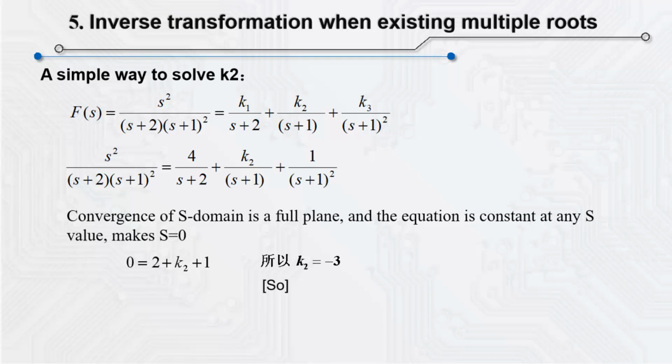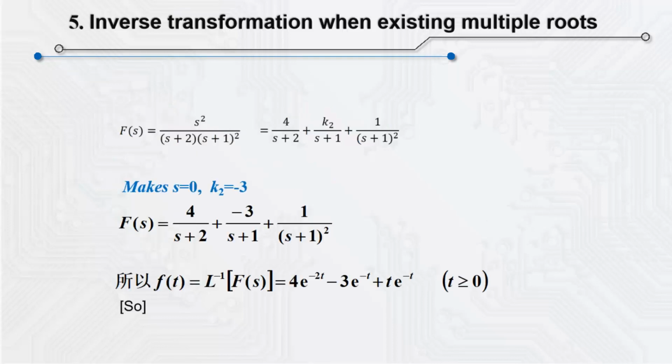So let's assume that s equals 0 and put s equals 0 into the formula. Then you will get k2 equals -3. This method is simple. This is the solution for k2.